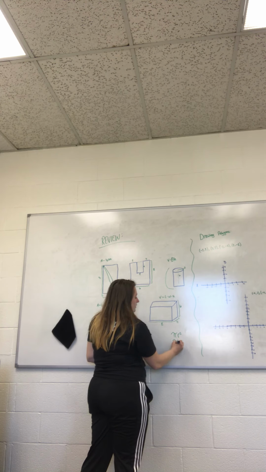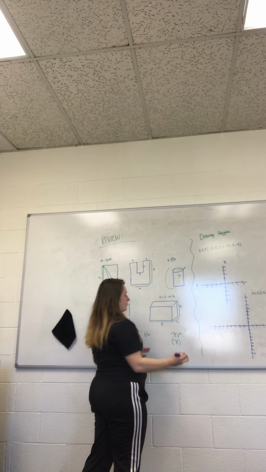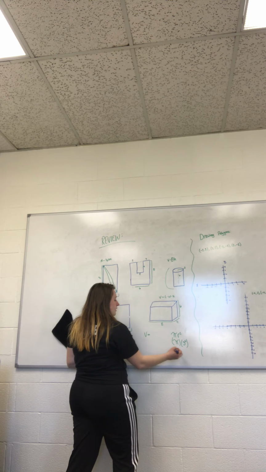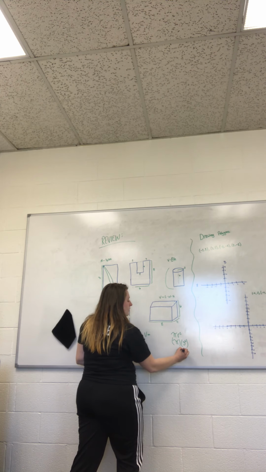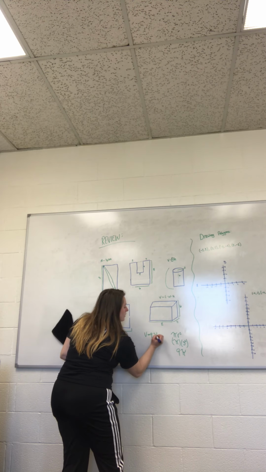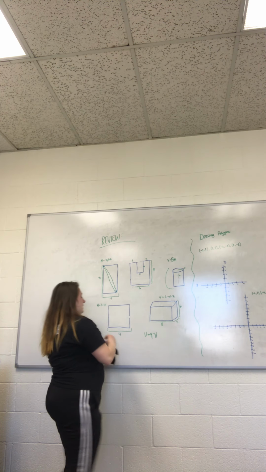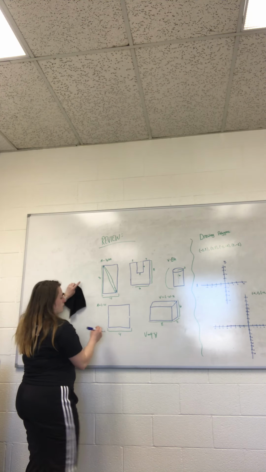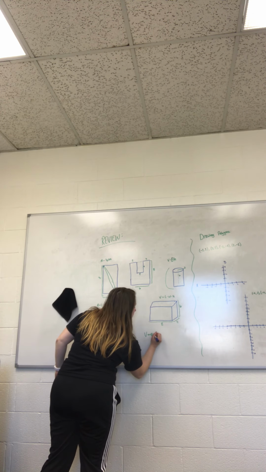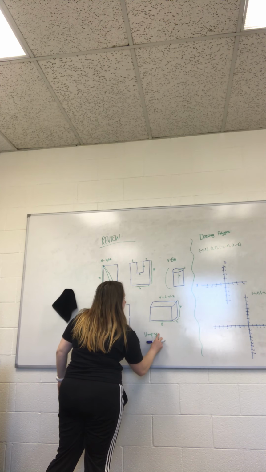What would be our radius in this formula? In this figure? 3. Good. 3 squared. 3 times 3? 9. So we have 9 pi. So we're going to move that up to this formula, this equation, and we're going to multiply 9 pi times what?